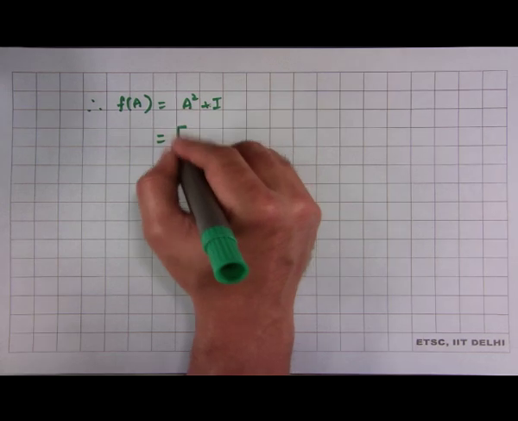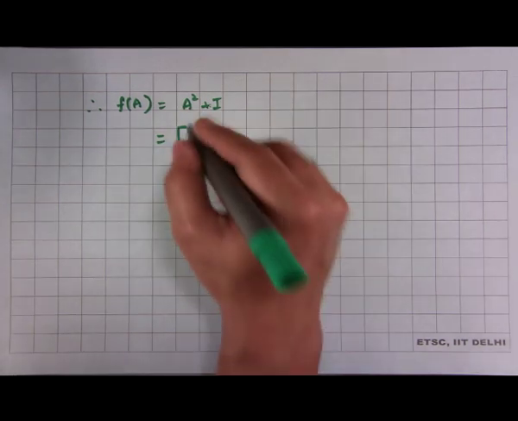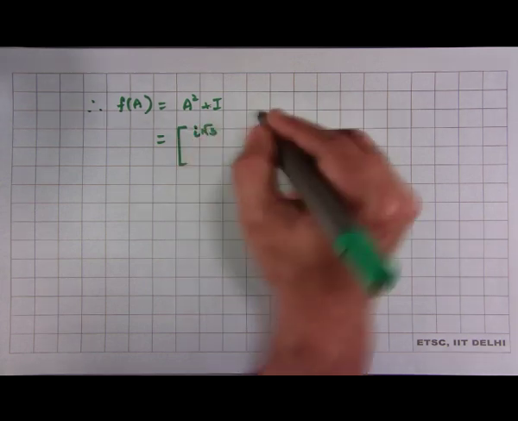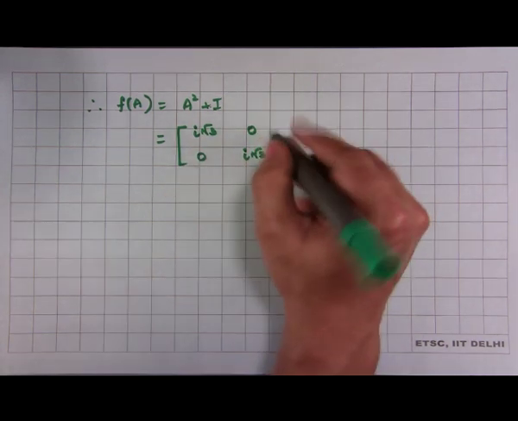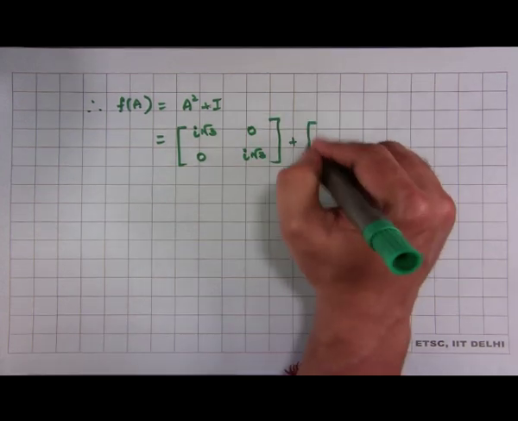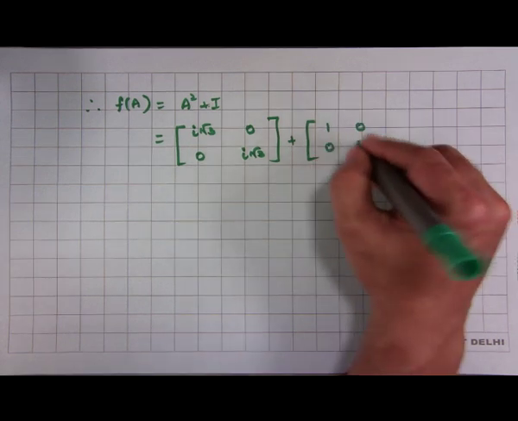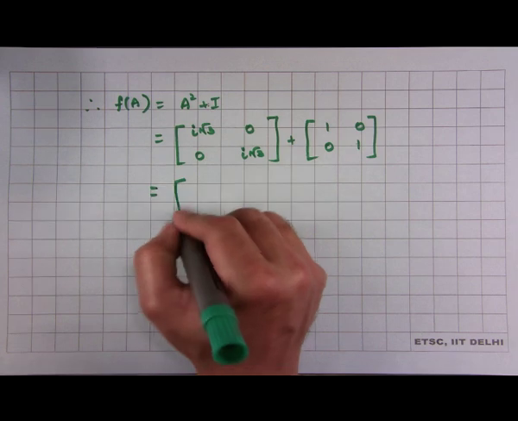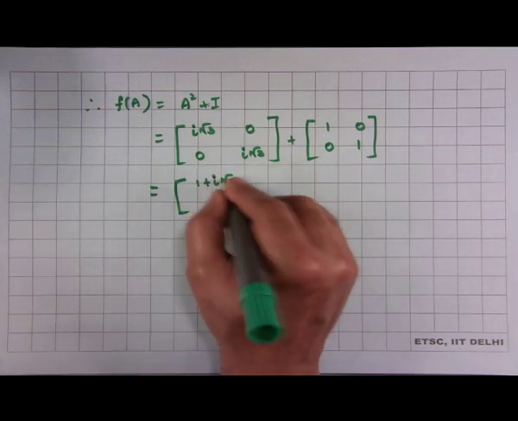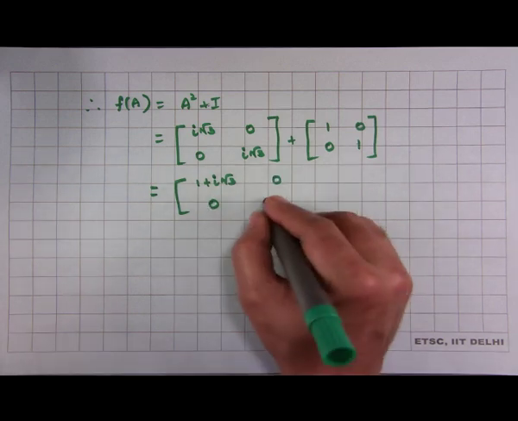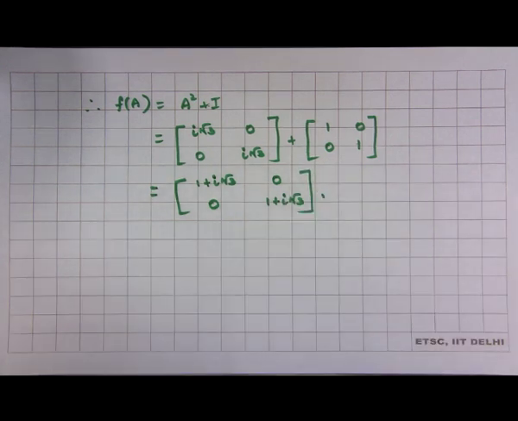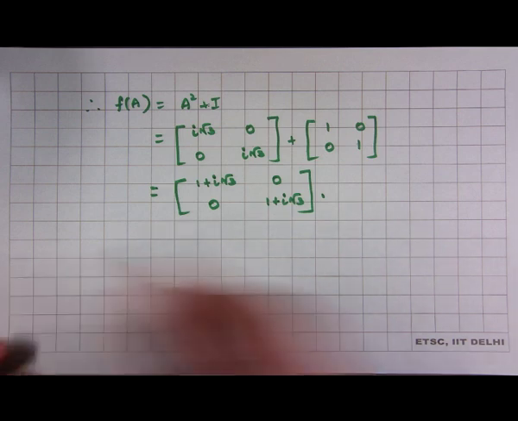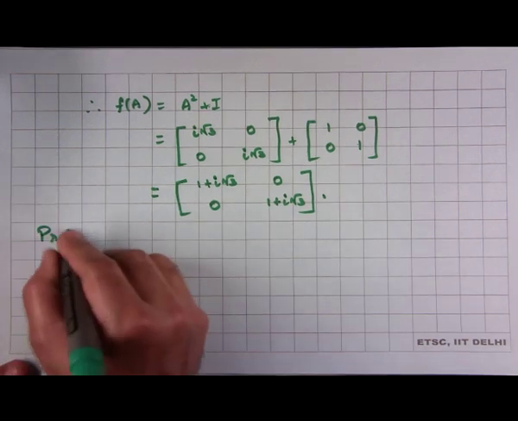A square is just I root 3, 0, 0, I root 3, plus 1, 0, 0, 1, so will give me 1 plus I root 3, 0, 0, 1 plus I root 3. This is what I have. Let us do the next one. Next problem.